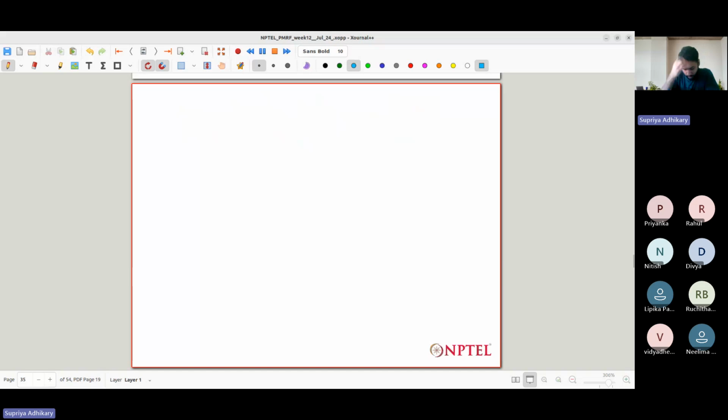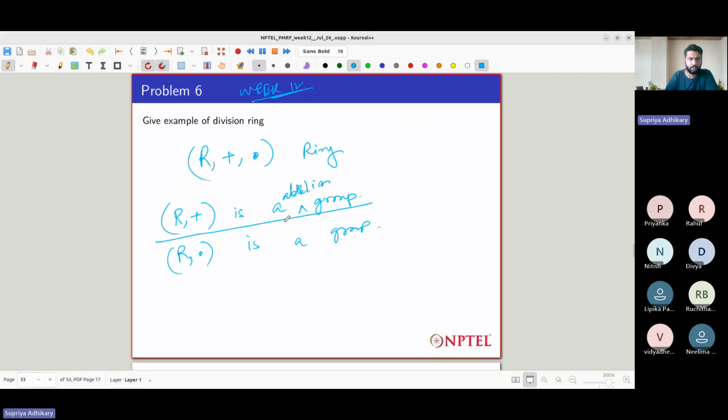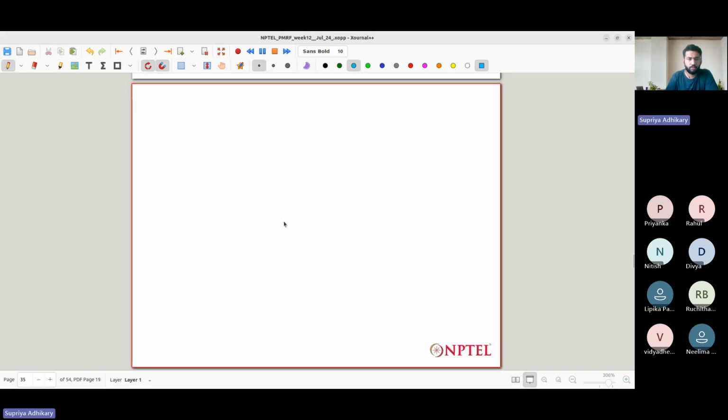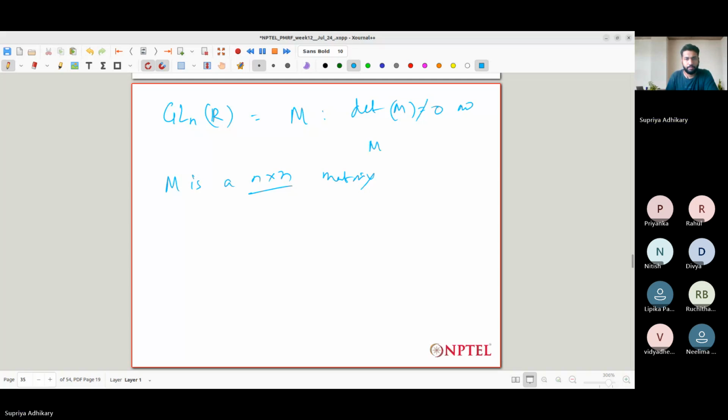So, an example of a division ring. Anyway, this set of matrices basically forms a ring. So if we consider GLnR, M is an n cross n matrix such that the determinant of M is non-zero and M belongs to R n cross n.